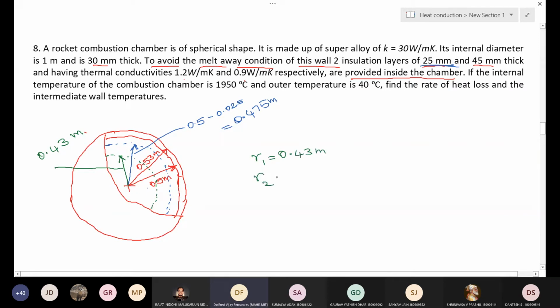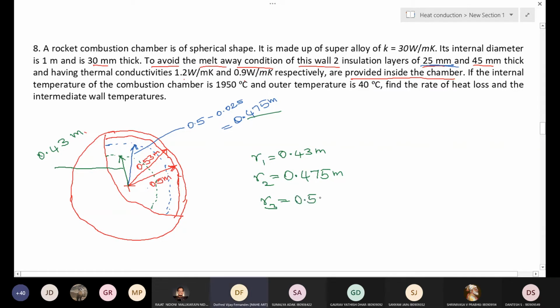Then next, after the thickness of the first layer, R2 is 0.475 meter. Then the inner wall of the combustion chamber, R3, is 0.5 meter, since 1 meter is the diameter.